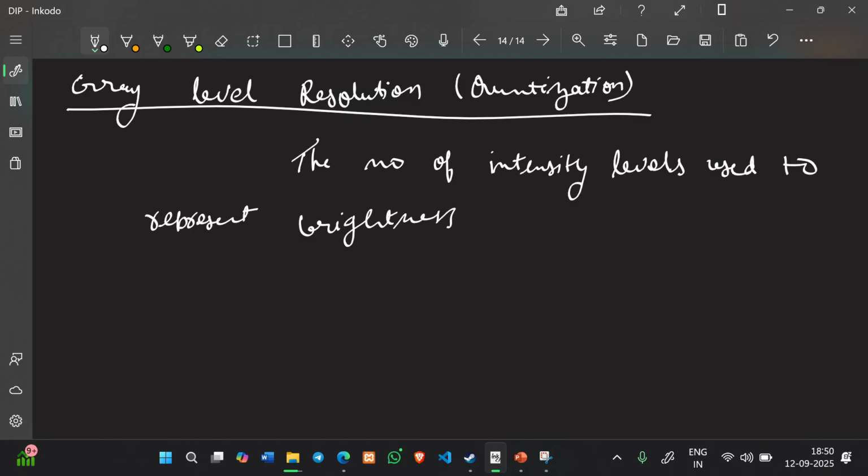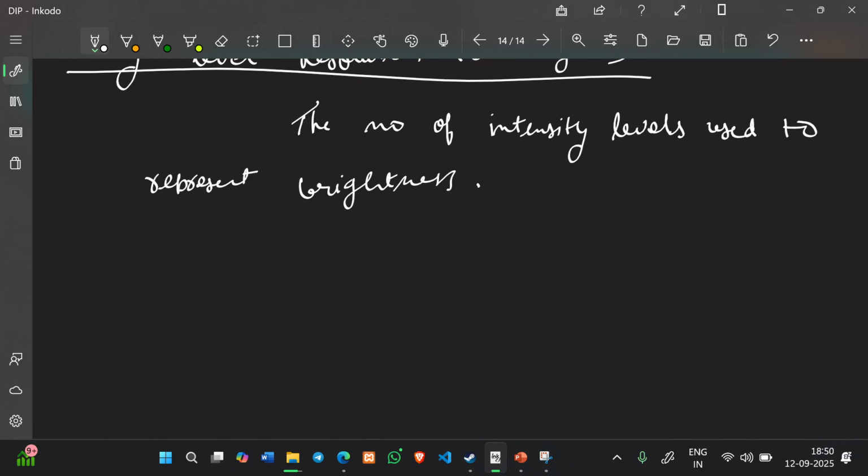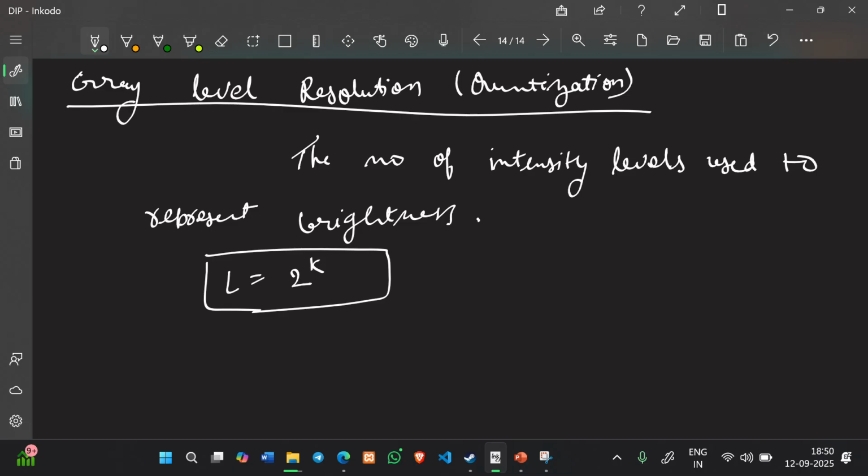Okay. So it is determined by the bits per pixel, which is your BPP. So the formula is L is equal to 2 to the power K. This is the formula for the quantization.